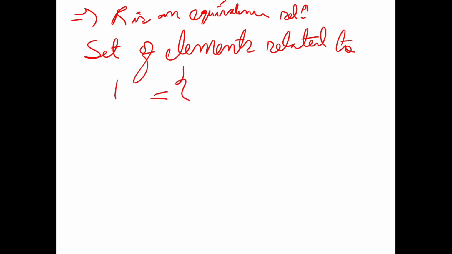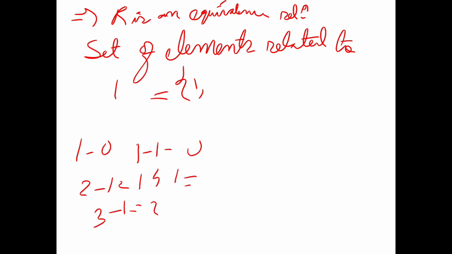Let us check for 1: 1 minus 0 is 1, not a multiple of 4. 1 minus 1 is 0, a multiple of 4, so 1 is related to 1. 2 minus 1 is 1, not a multiple of 4. 3 minus 1 is 2, not a multiple of 4. 4 minus 1 is 3, not a multiple of 4. 5 minus 1 is 4, a multiple of 4, so 5 is related to 1.